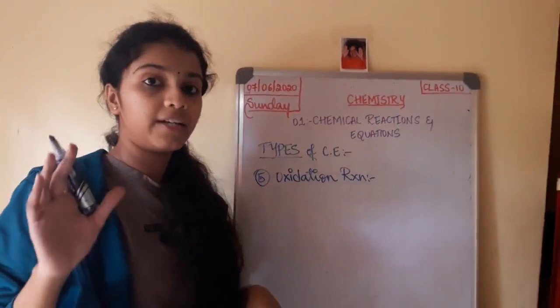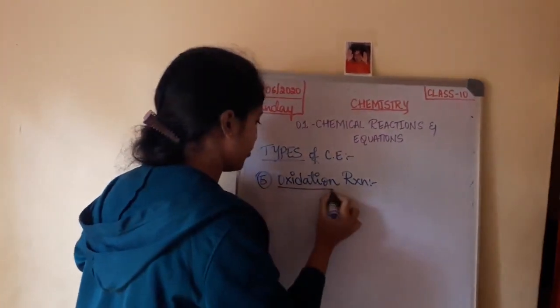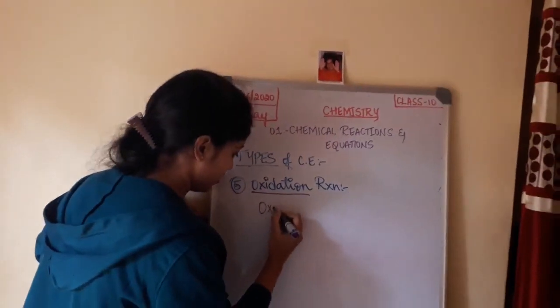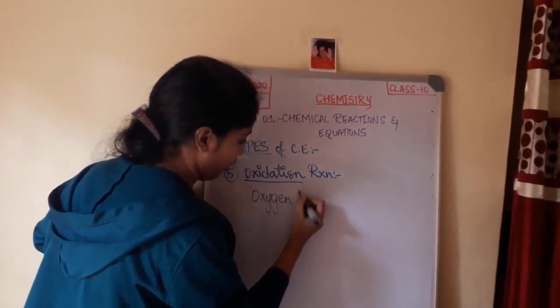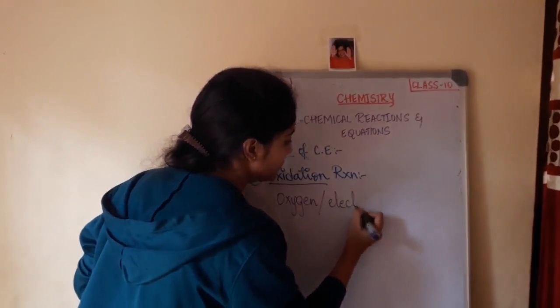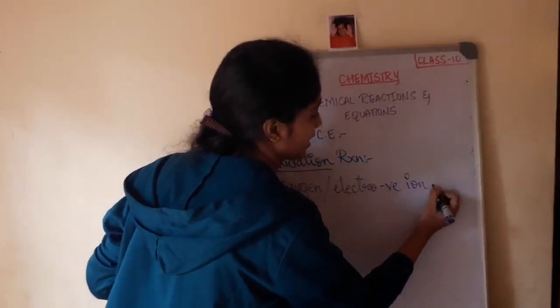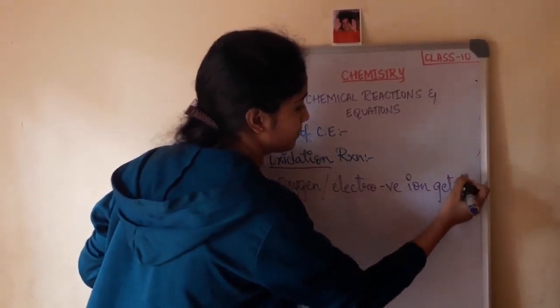Now the fifth type of reaction is the oxidation reaction. Oxidation reaction, as the name suggests, is where oxygen or an electronegative ion gets added.